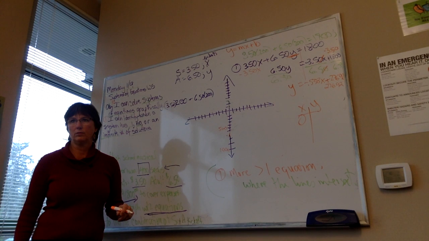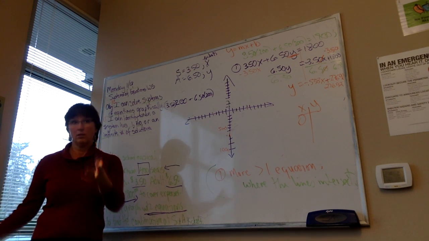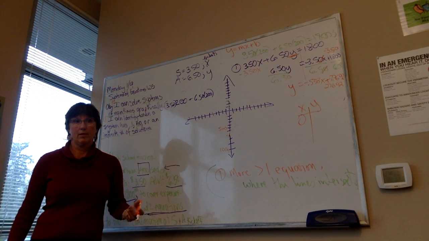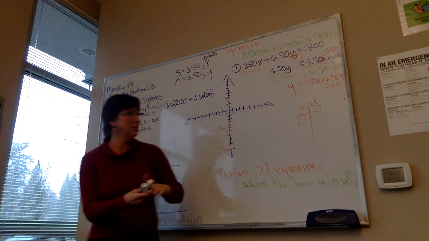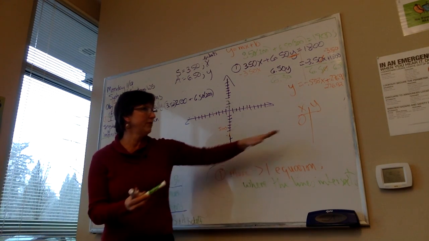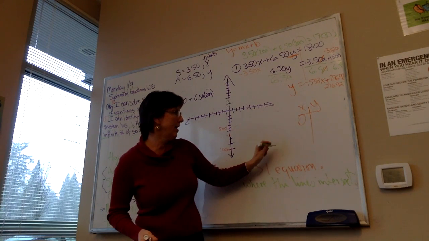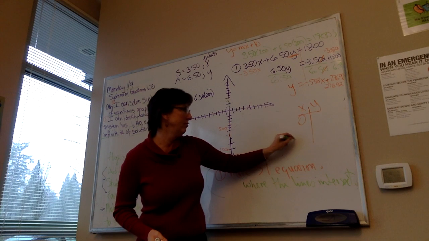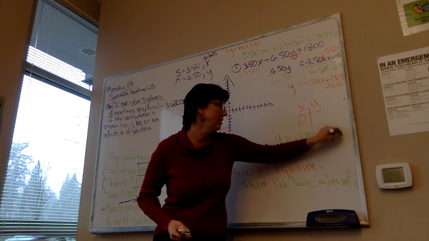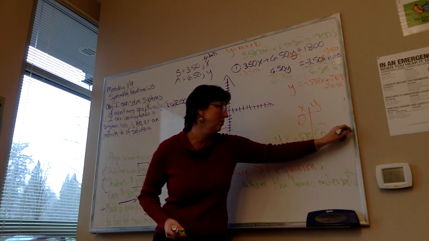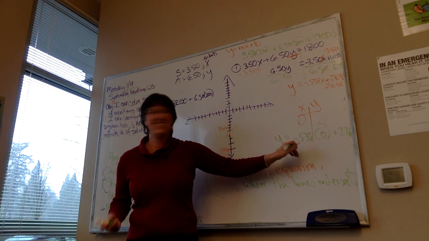How come? Because it's the y-intercept, and we've been doing the same thing the entire time. I'm trying to figure out where my ordered pairs are. When I substitute 0 for x, y is equal to negative 0.538 times 0 plus 276.92. What's anything times 0? 0.